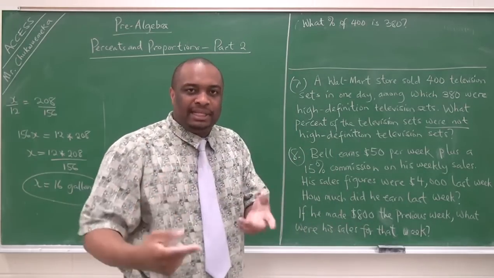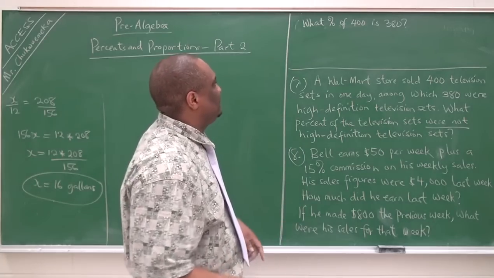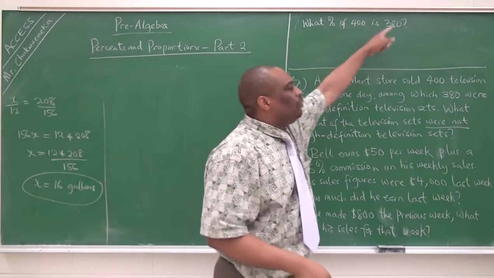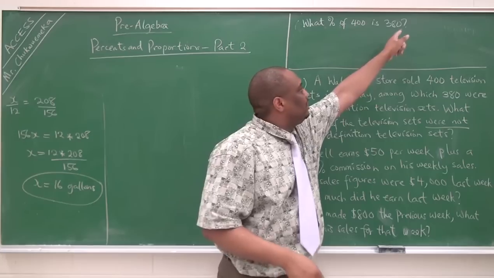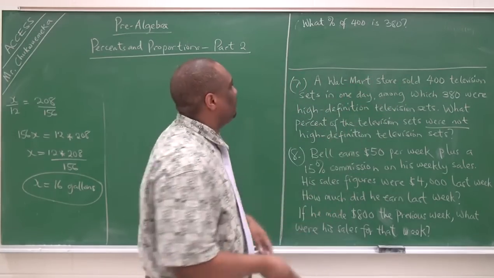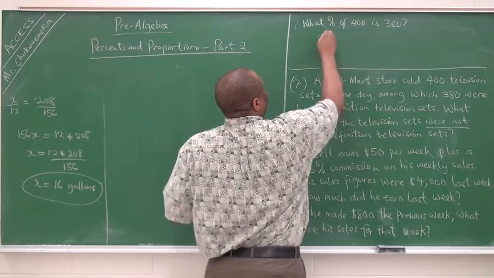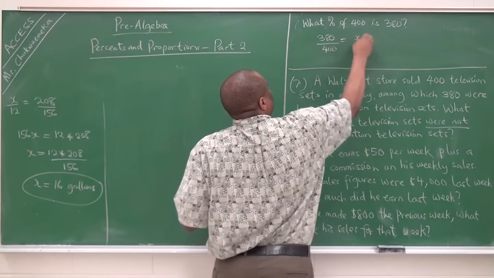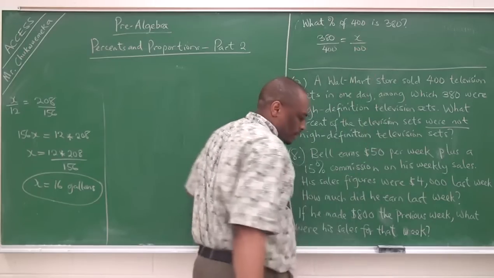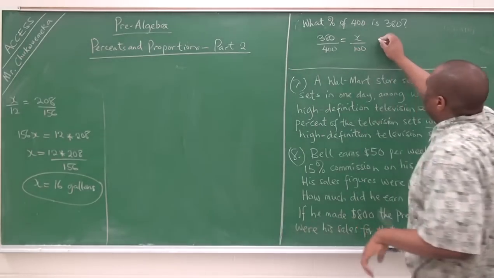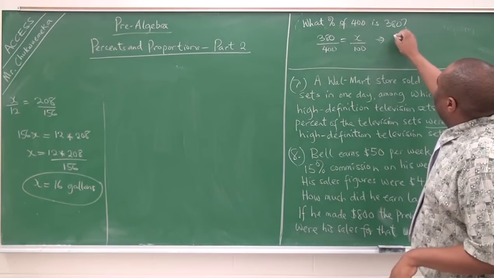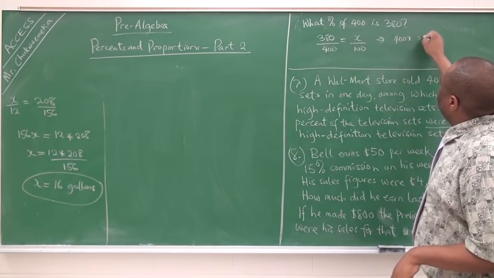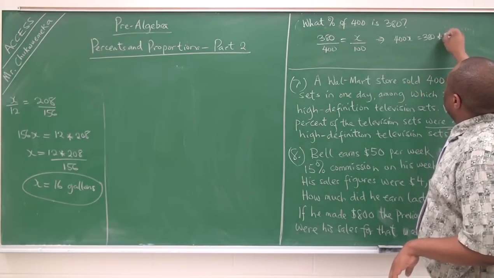Let's find how many percent were high definition sets. So what percent of 400 were high definition sets? That's what percent of 400 is 380. So the part here is 380 over the whole 400 equal to x over 100. So we have that 400x will give us 380 times 100.